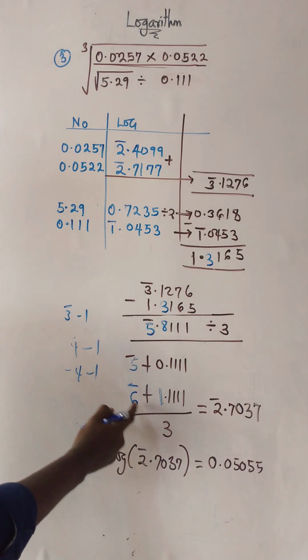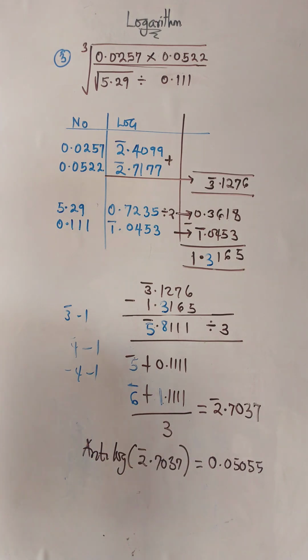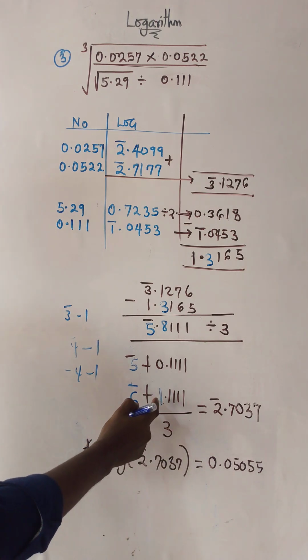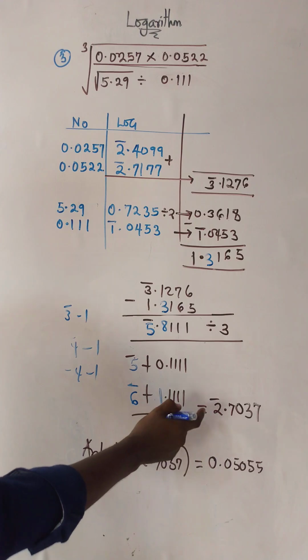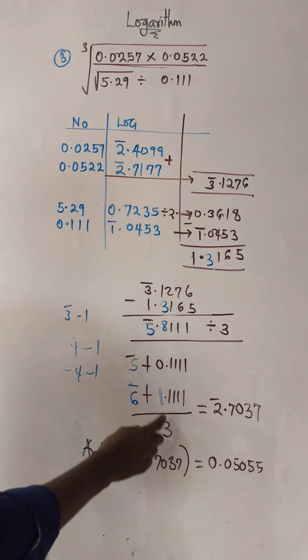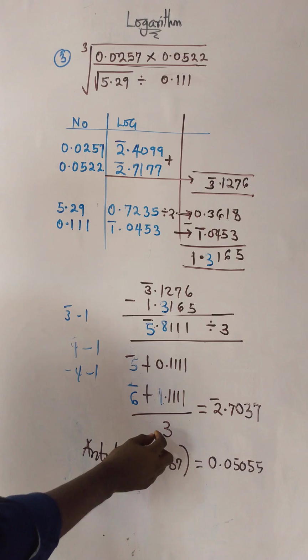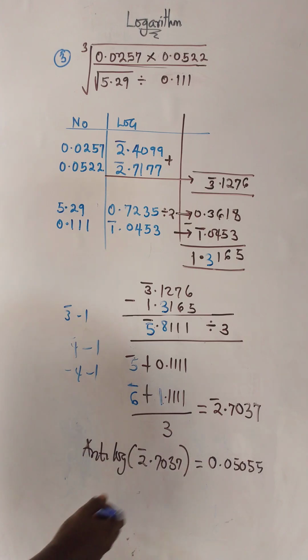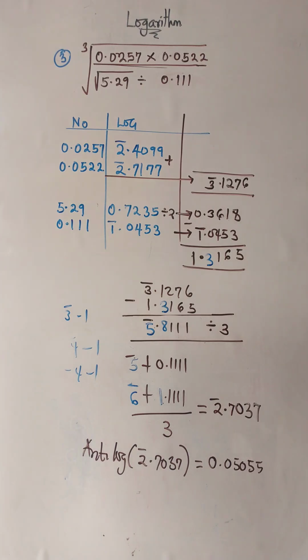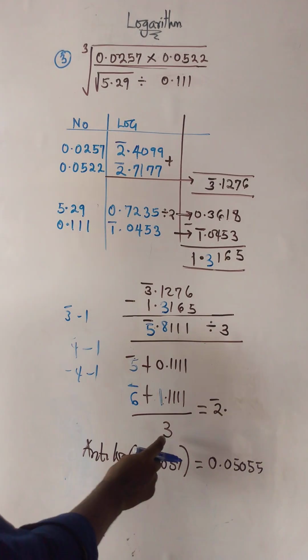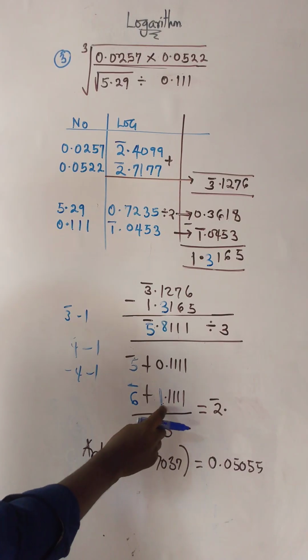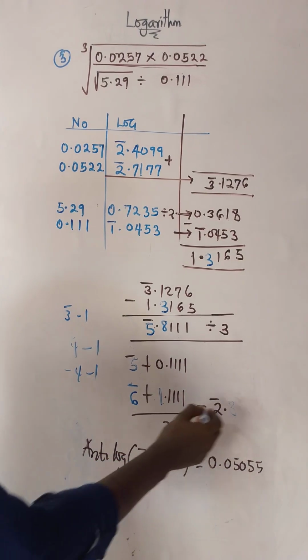But 6 over 3 is 2. Then if you divide 1.111 by 3, 3 in 1 is 0, that's why I have point here. 3 in 11 is 3. So let's do the division again. 3 in 1, 0, then 3 in 11, that will be 3, remainder 2.